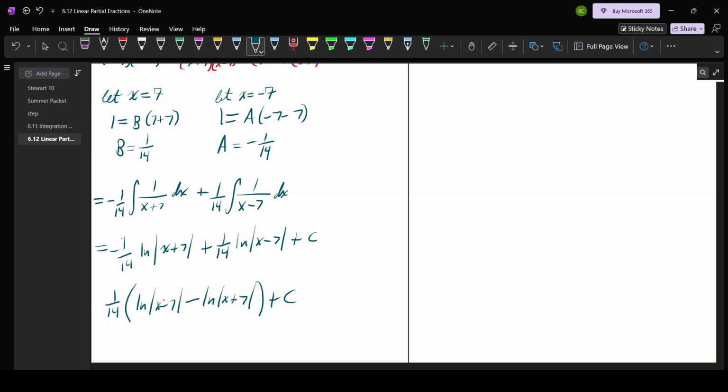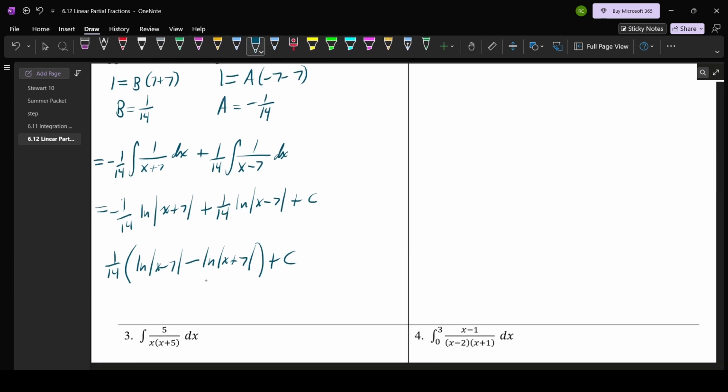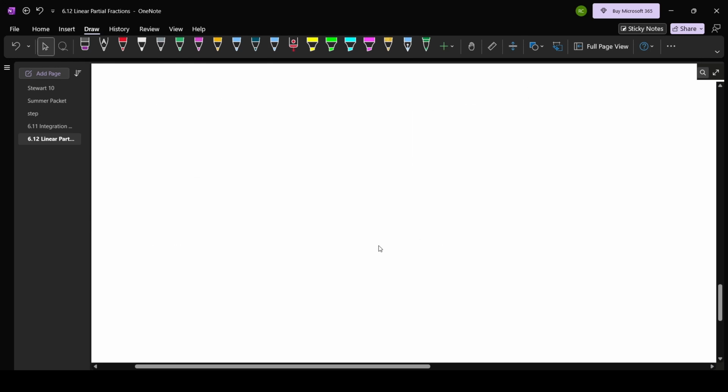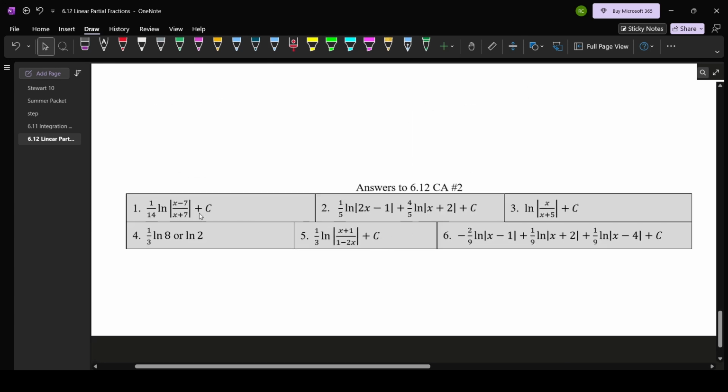And if you remember your log rules, when you subtract two logarithms, what you're really doing is dividing the arguments. So that gives us 1/14th times the natural log of the absolute value of x minus 7 over x plus 7 plus c. Okay, so let's check the answer key. Yeah, there it is.